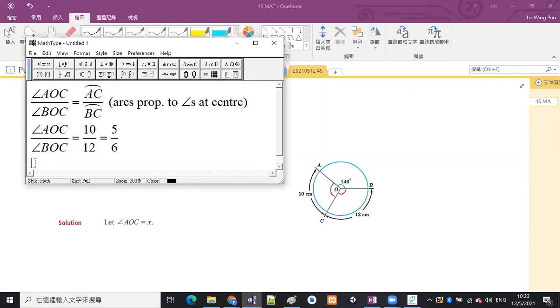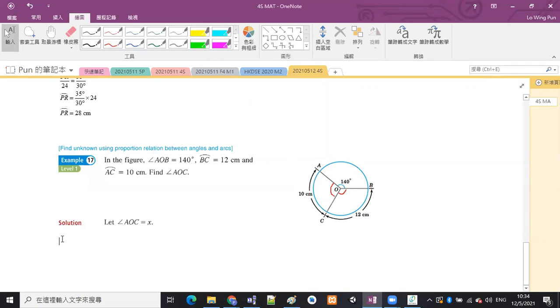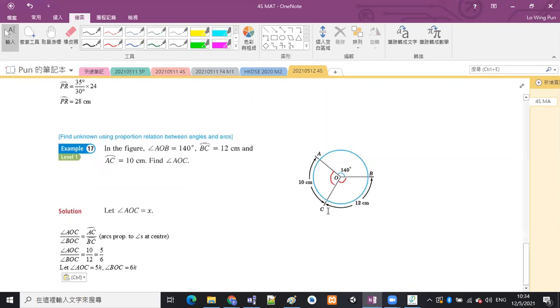And then we will have, I'm going to use the K method. Let angle AOC be 5K and angle BOC be 6K. Do you understand? Because we have the ratio of these two unknown angles. And then now I let them be 5K and 6K. Okay?